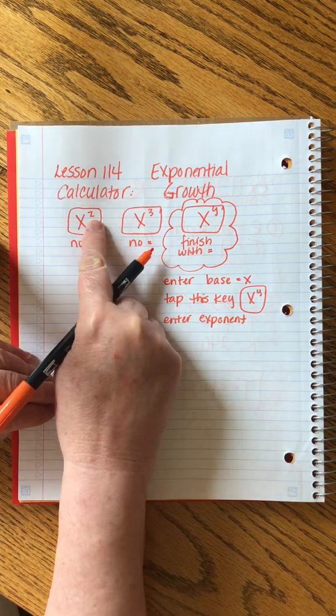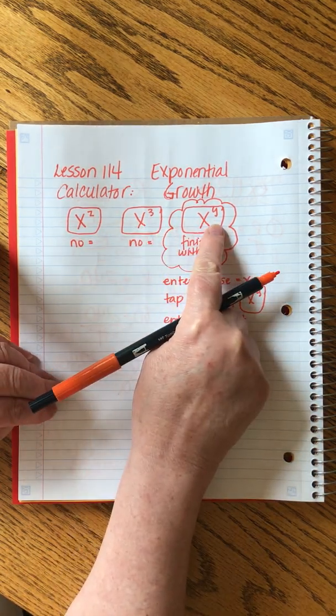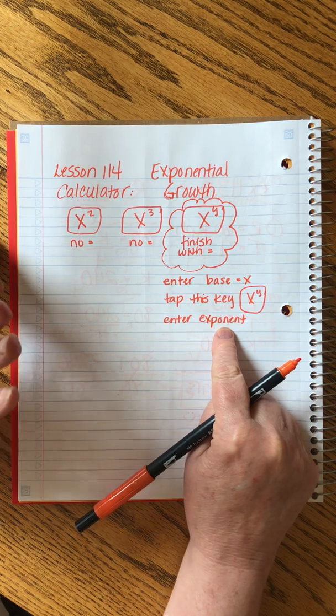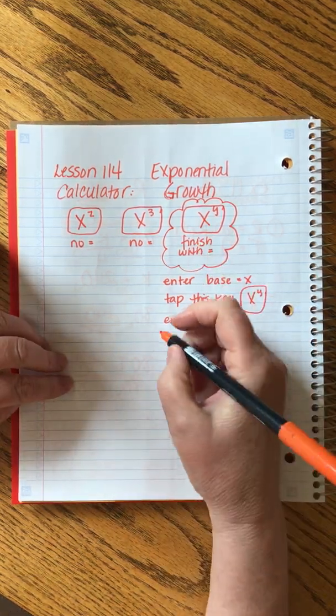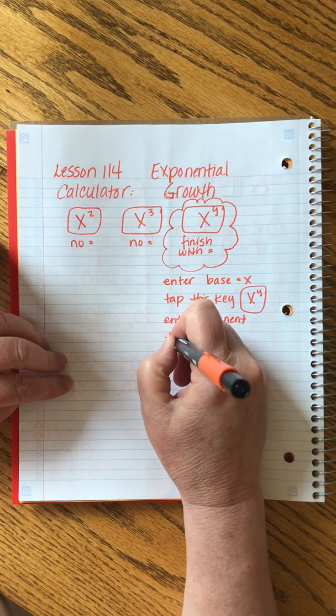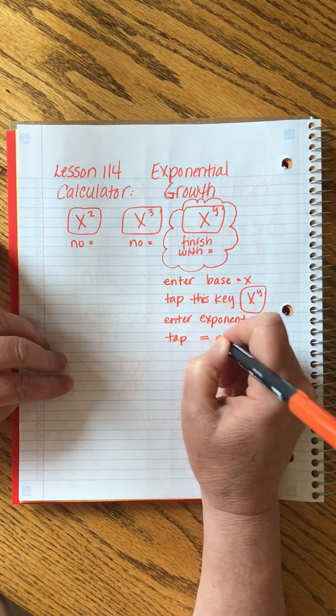Obviously, if you want to raise it to the 2nd power or the 3rd power, you don't need to fuss with this key, but this allows you to customize your exponent and make it anything you want. And then, as I wrote here, you need to tap the equal sign to actually get your answer.